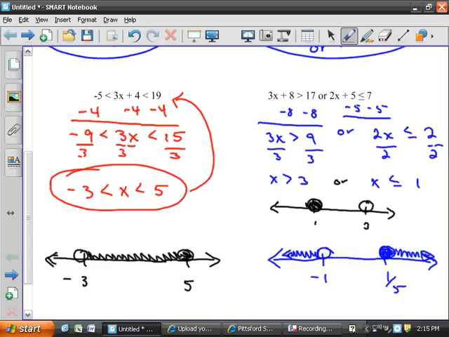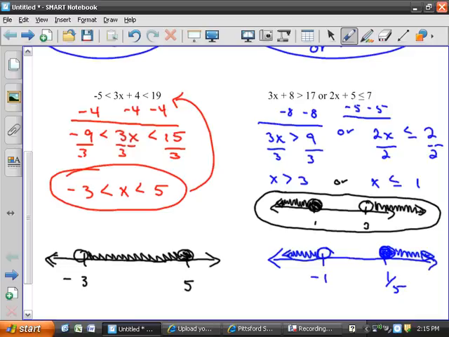All the numbers less than 1 are going to exist to the left of it, so I shade to the left and put an arrow. The values of x that are greater than 3 will exist to the right of 3, so I shade in that direction and put an arrow there. And this right here is the geometric representation of that algebraic solution to our original compound inequality.